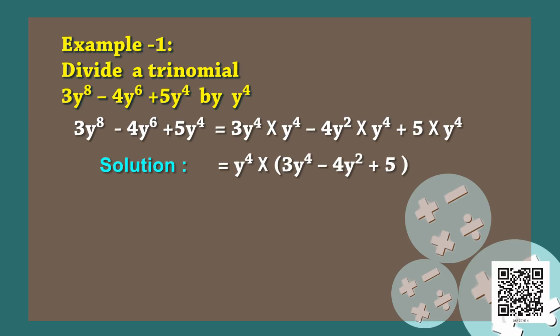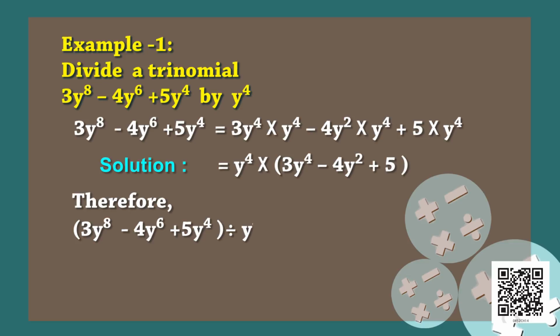Therefore, 3y to the power of 8 minus 4y to the power of 6 plus 5y to the power of 4 divided by y to the power of 4 is equal to y to the power of 4 into 3y to the power of 4 minus 4y to the power of 2 plus 5 divided by y to the power of 4.